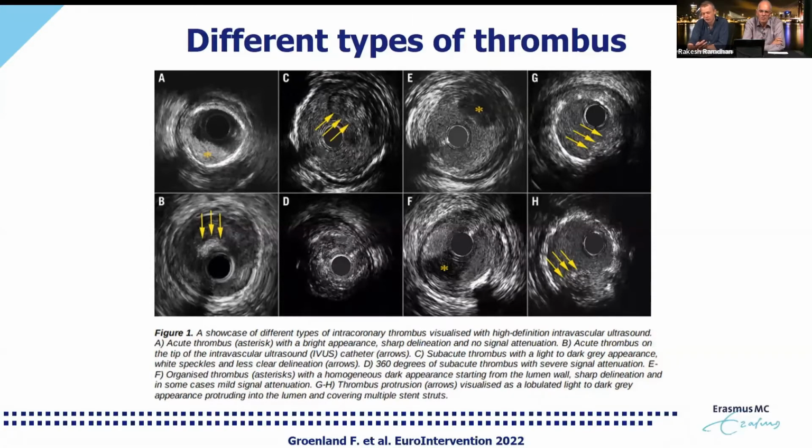But it's a much more inhomogeneous aspect as compared to the organized thrombus. And on the right side, you see these black spots within the arterial wall that are typical for organized thrombus. They're typically attached to the vessel wall, and on some occasions have very mild signal attenuation, but mostly they don't, and they're sharply delineated.